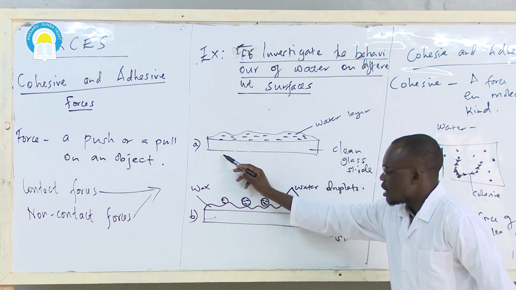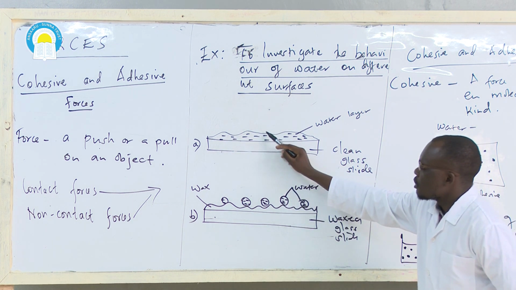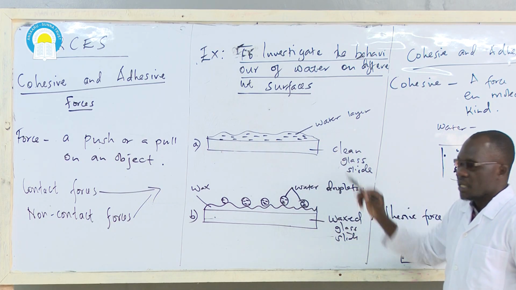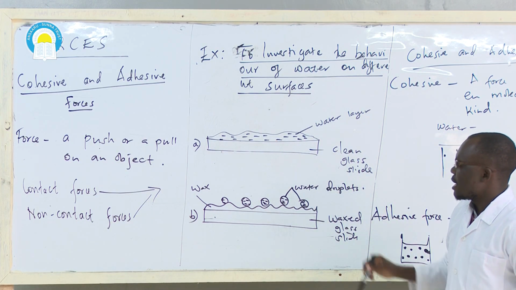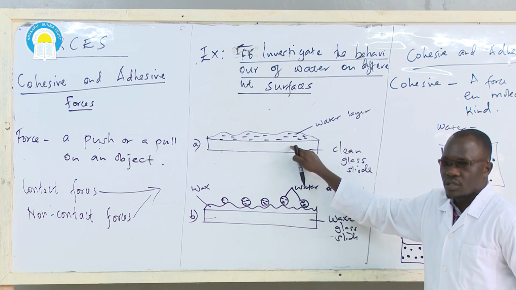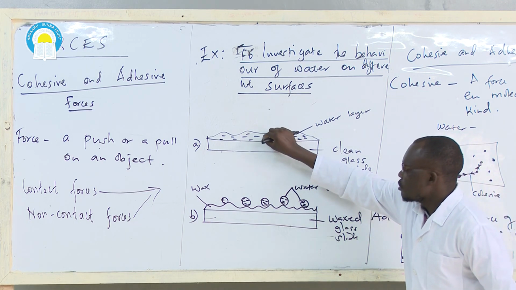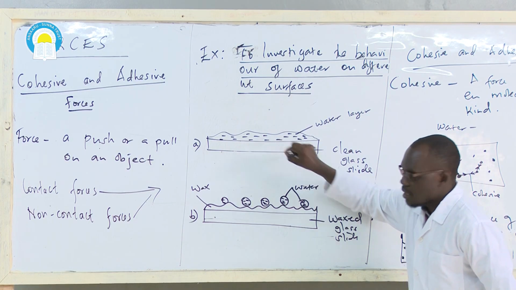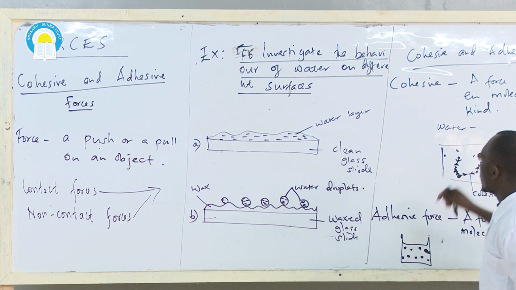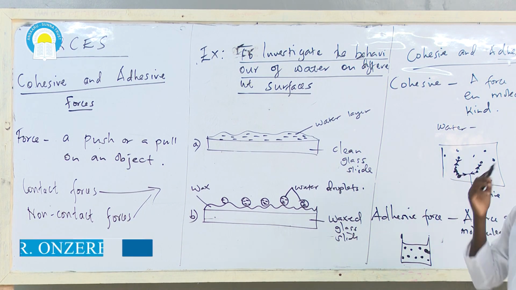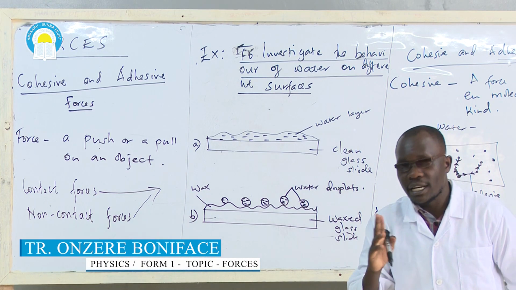In the first diagram A, the water wets the surface of the glass completely because there exists a strong force attracting the molecules of water to the molecules of the glass surface. That force, we call adhesive force, a force of attraction between molecules of different kind.